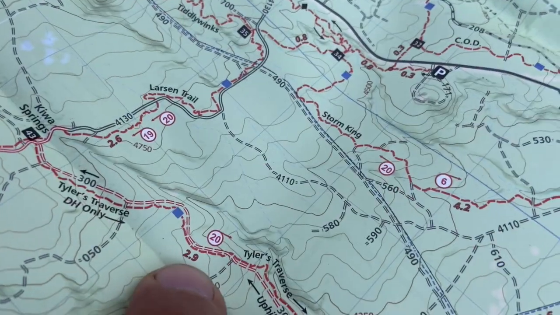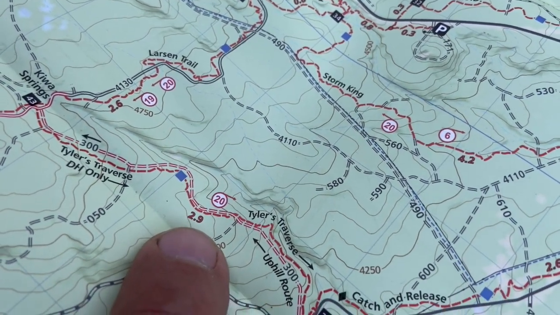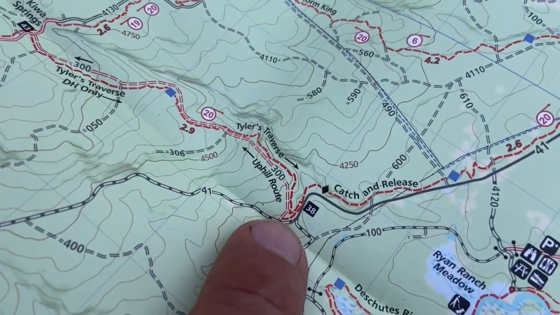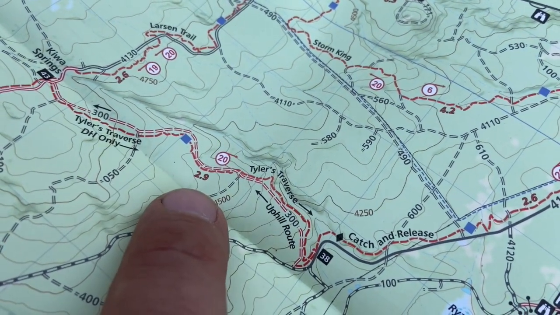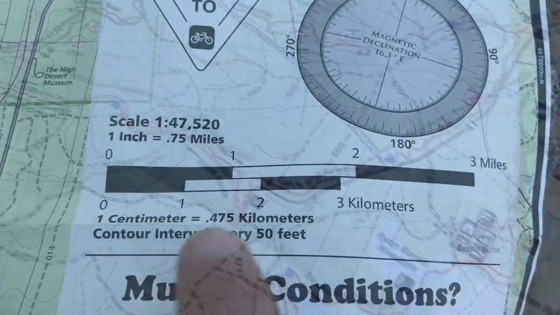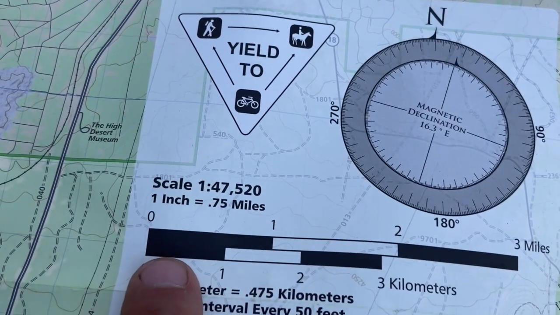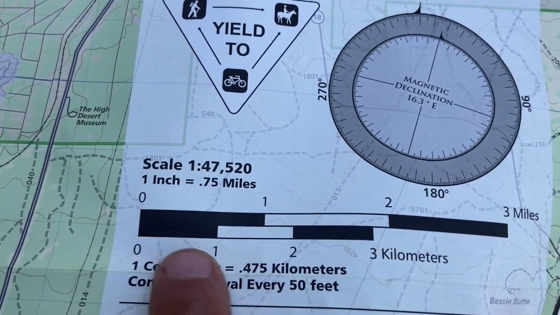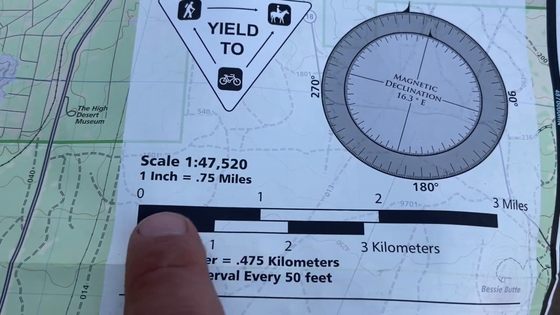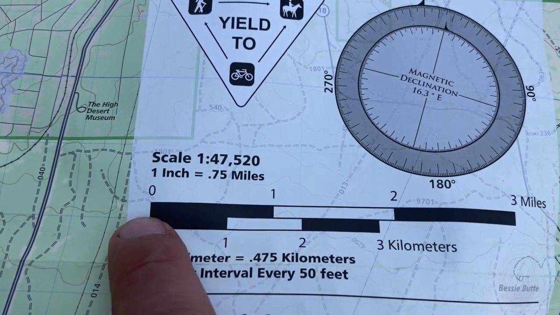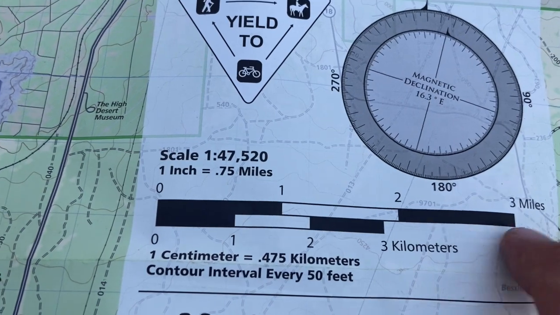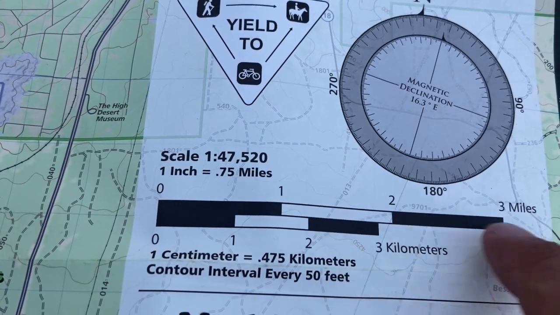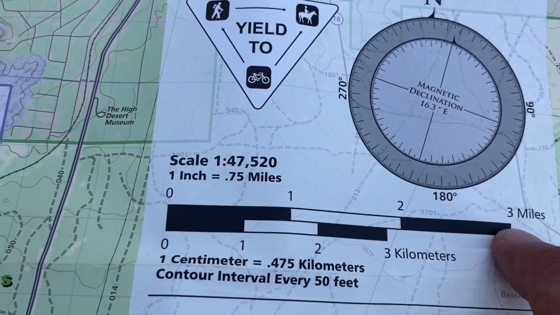These guys here are going to be indicators of how far it is from one point of a trail to the other point of a trail. So this one, in this case, is 2.9 miles. This is the scale for figuring out how far mileage is. So one way to do this is you can take a piece of paracord and lay it across this marker and know that that's 3 miles.